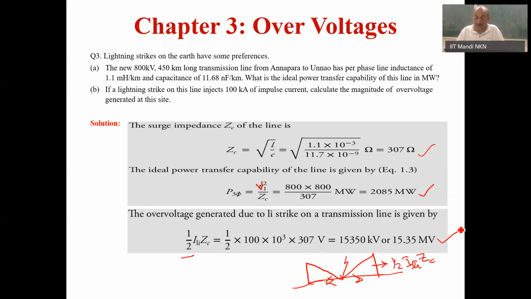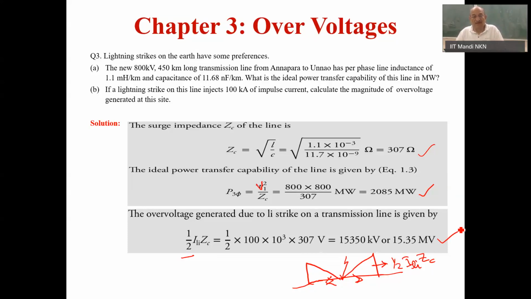Imagine the overvoltage produced is in megavolts, very high. Obviously, we have considered very high current also, but it can happen. So you have to make arrangements such that such a high magnitude of overvoltage is grounded as early as possible.